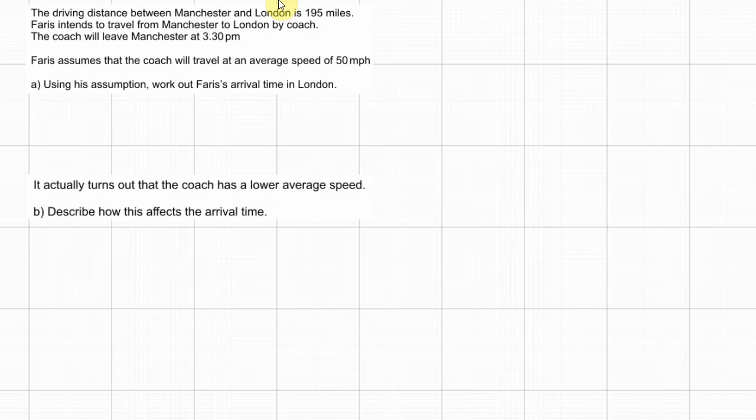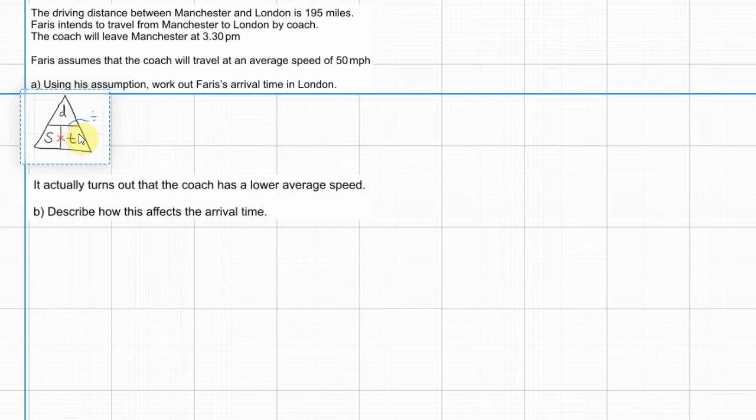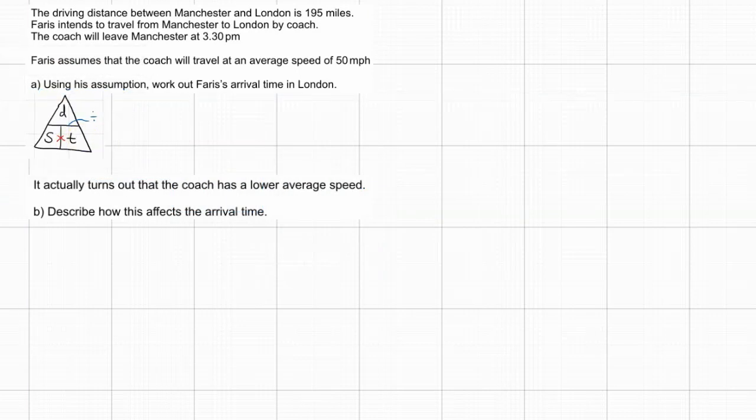Okay, so let's get our little triangle and let's write down some information we've got. So we know the distance is 195 miles. We know the speed is 50 miles per hour. So we actually want to find the time. So cover up time on our little triangle.